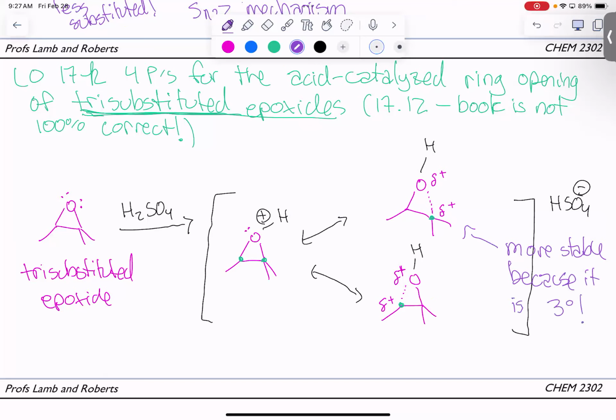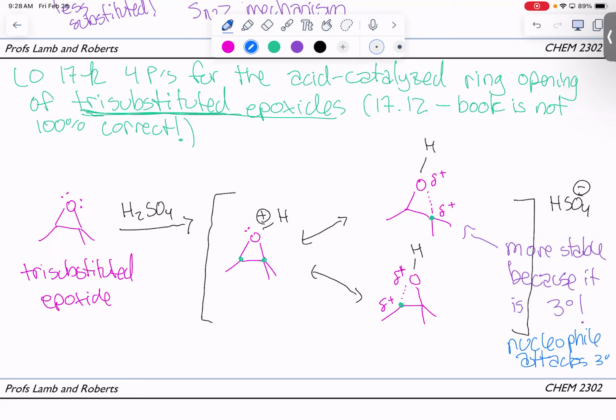That delta plus charge, the partial positive charge, is more stabilized at the tertiary, almost carbocation that's forming. And so that means the nucleophile attacks the tertiary position. So this is the explanation for why we get the regiochemistry that we get.